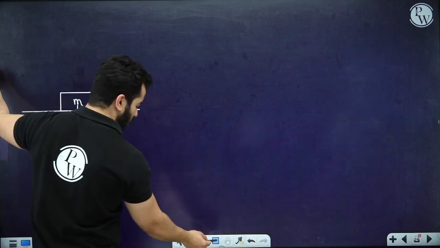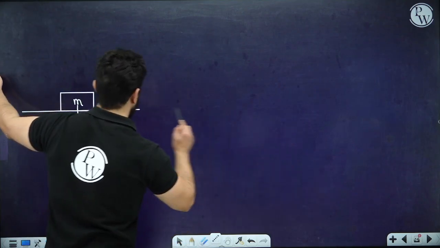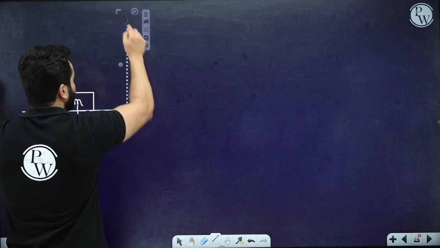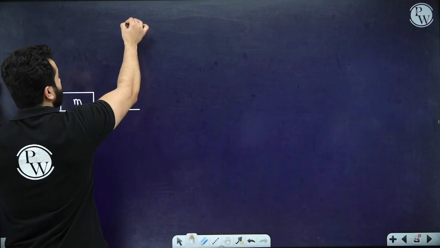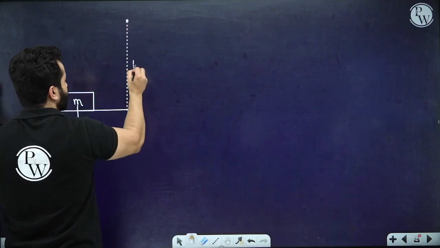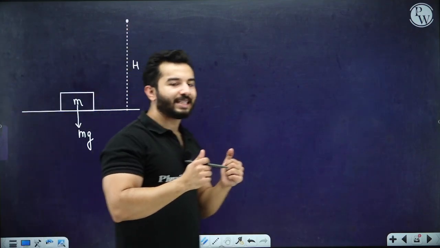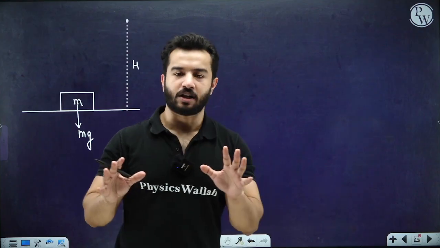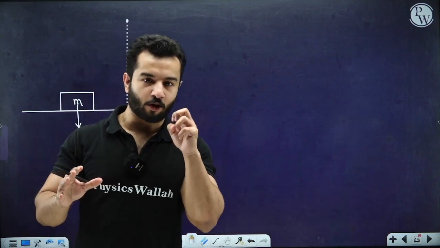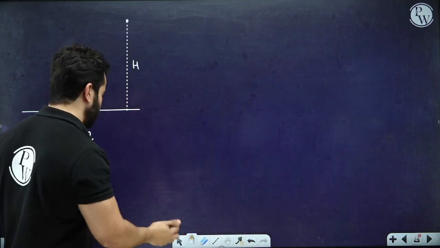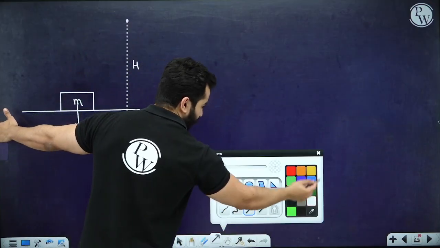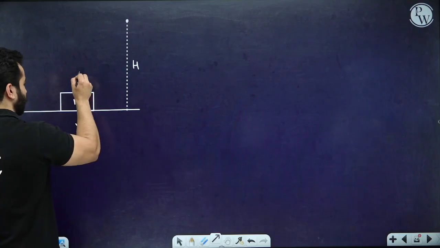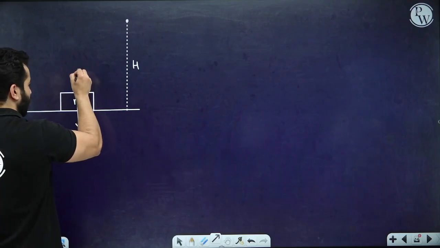And when we say that we want to move this body up to this height of h, we want to displace it under zero acceleration. We don't want its velocity to increase, right? So we are going to apply exactly the same force, that is, the external force is going to be exactly equal to mg.